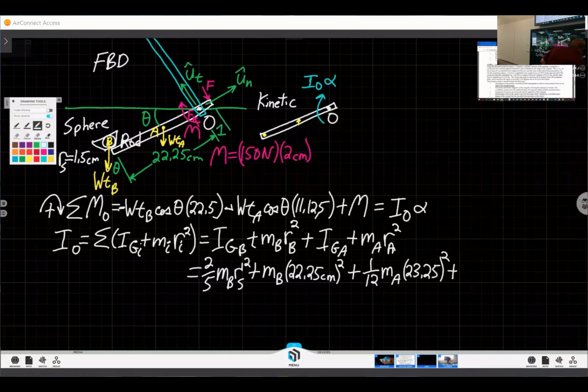And of course you have its mass again. How far is it from O? That's where we get our 1/2. Okay. So everybody good with how we have our equation of motion set up?